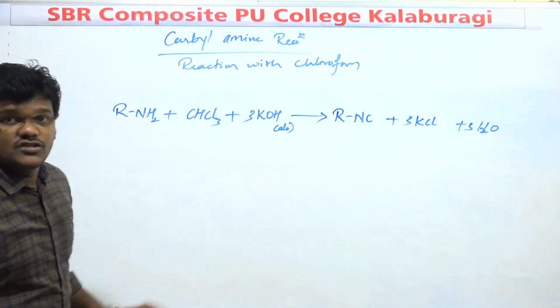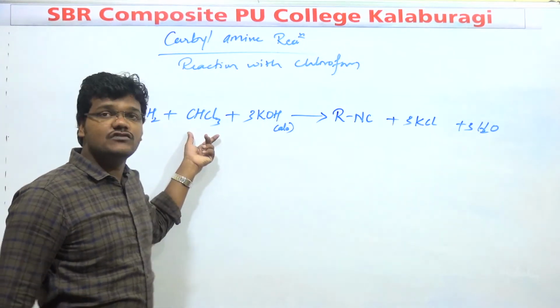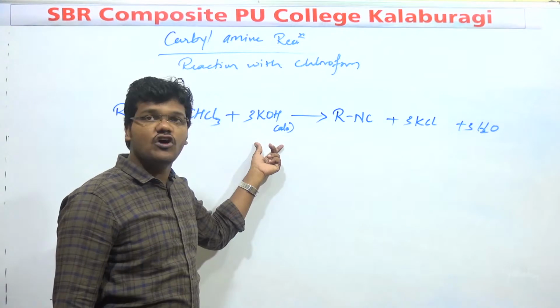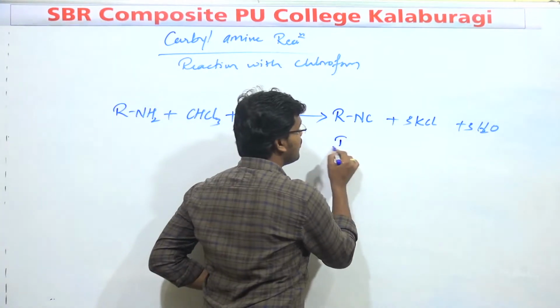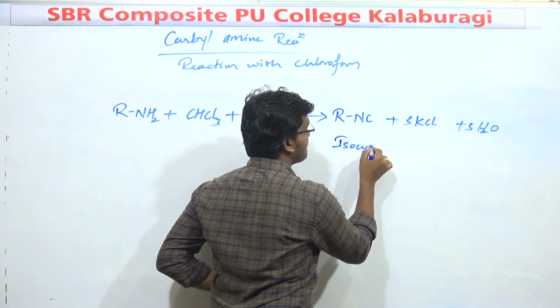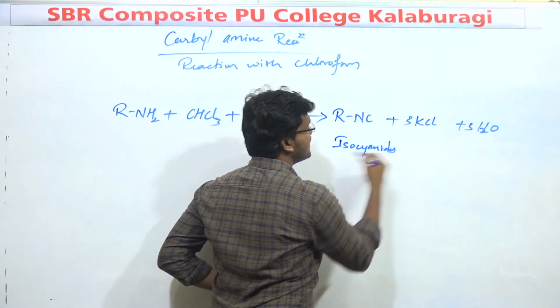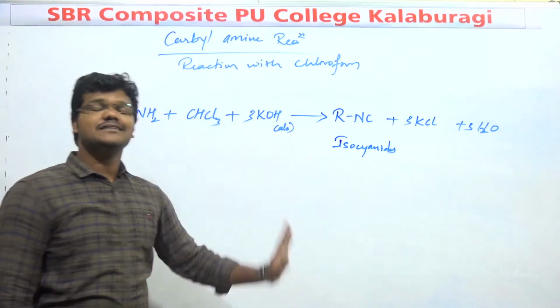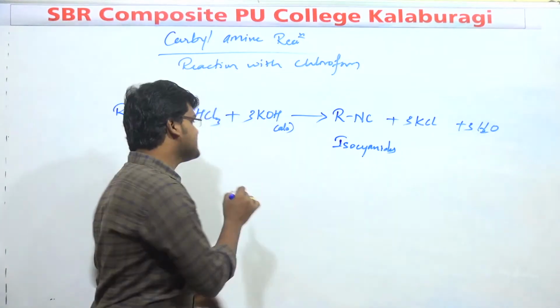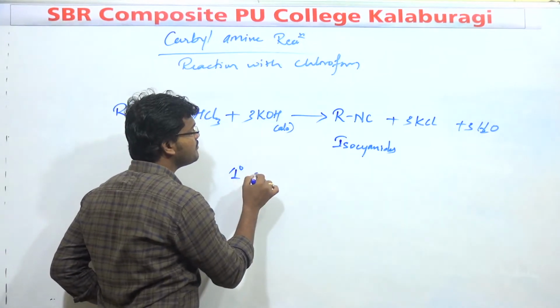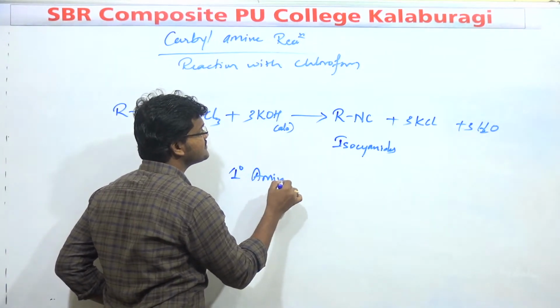Clear? So when a primary amine is treated with chloroform in presence of ethanolic KOH, isocyanides are formed. This is nothing but the carbylamine reaction, and it is shown only by primary amines.